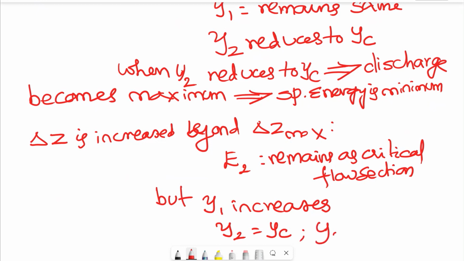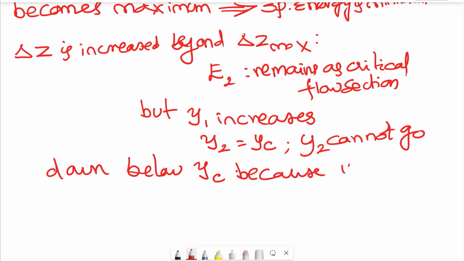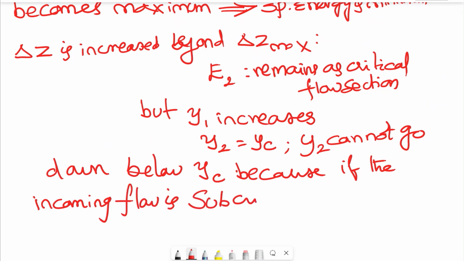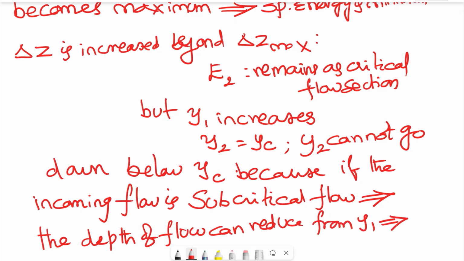Y2 cannot go down below YC, because if the incoming flow is subcritical, the depth of flow can reduce from Y1 to YC.